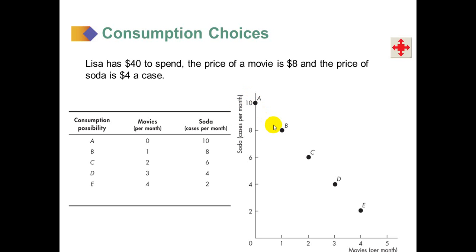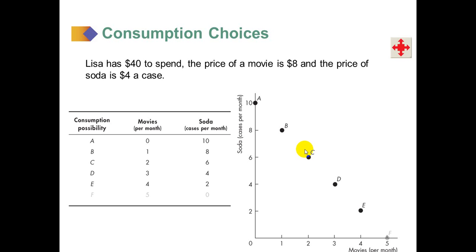Point B means that if Lisa wants to increase movies from 0 to 1, she has to decrease soda from 10 units to 8 units. Point C, if Lisa wants to increase movies from 1 unit to 2 units, she has to decrease soda from 8 to 6, and so on.